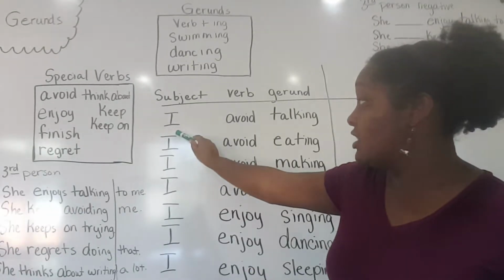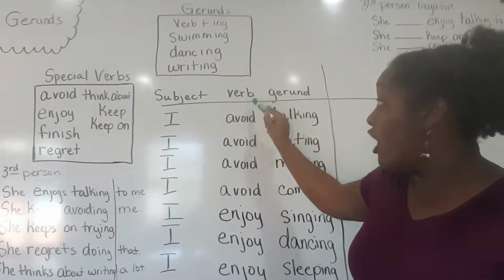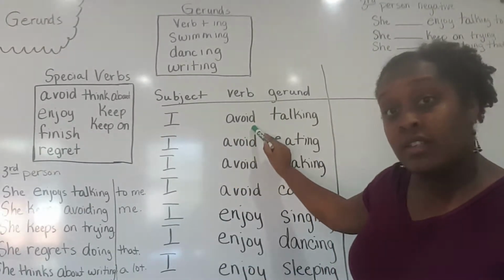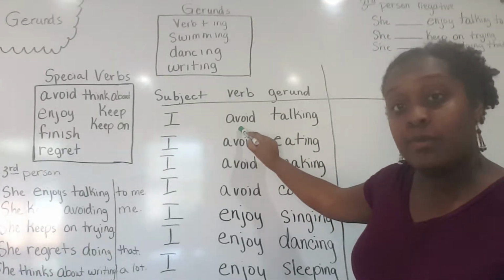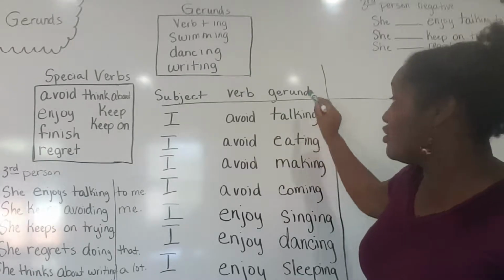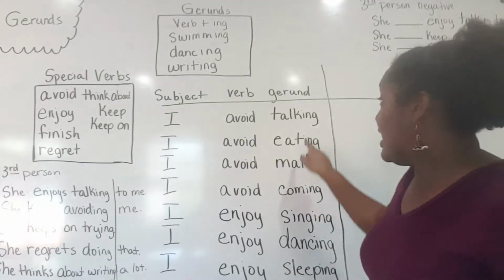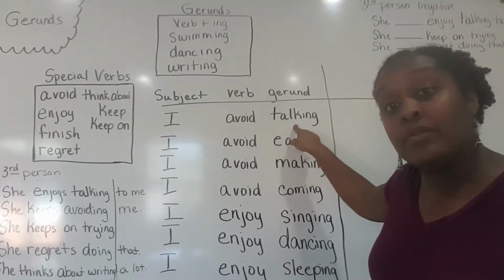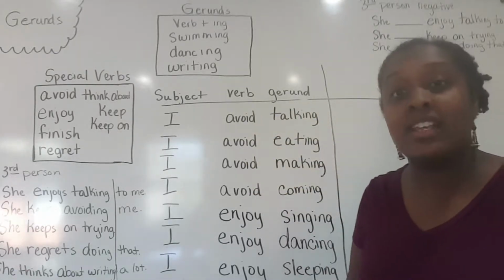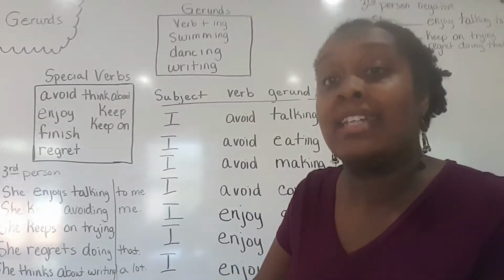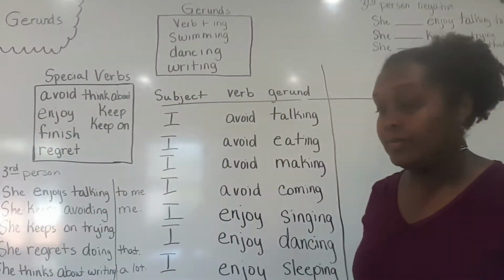You have your subject, your verb. Avoid is your verb. Notice, talking is not your verb. Avoid is your verb. Talking is your gerund. And remember, it is in the place of a noun. Okay? So this names the activity. The name of the activity is talking.